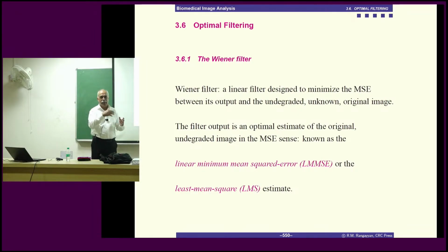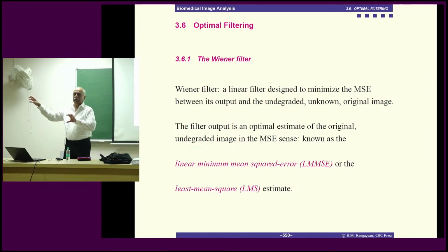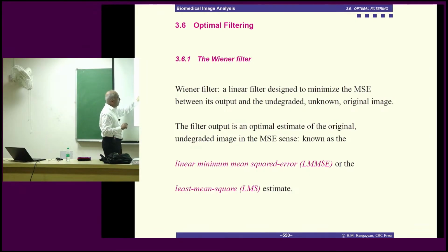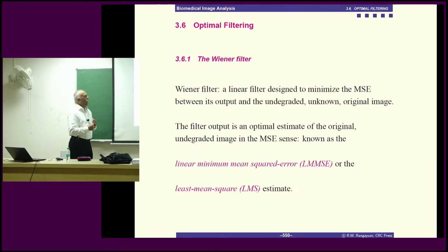So you're not simply applying some filter and telling, well, this is a better picture than what you gave me, but you're trying to estimate in some optimal sense. The filter output is an optimal estimate of the original undegraded image. In what sense? Mean squared error sense. So it is also known as the linear minimum mean squared error, LMMSE, or linear mean square LMS estimate. A few different names for the same thing.